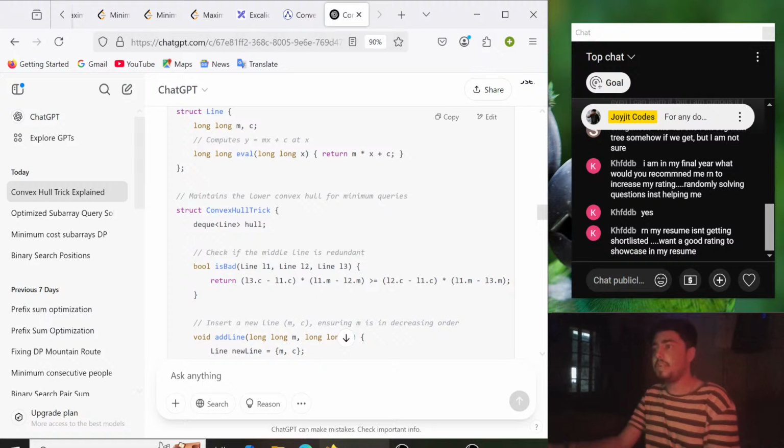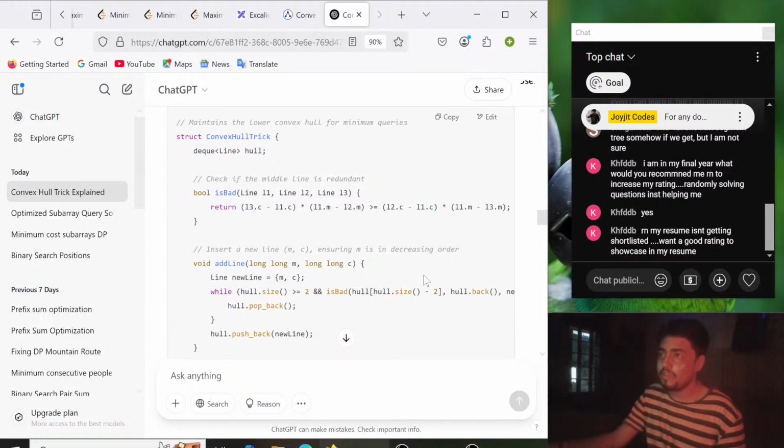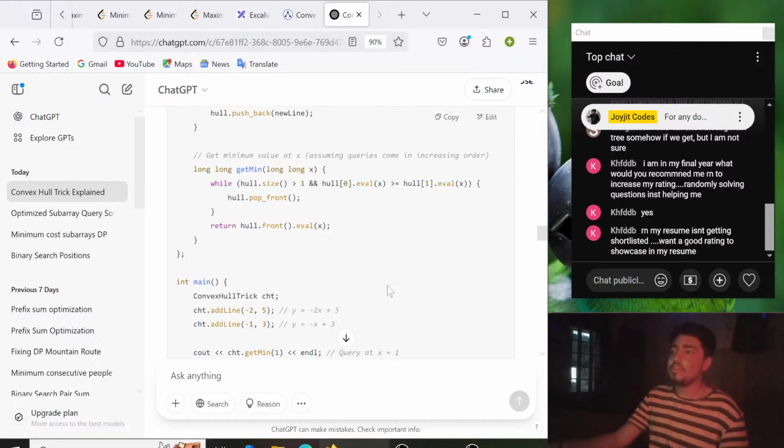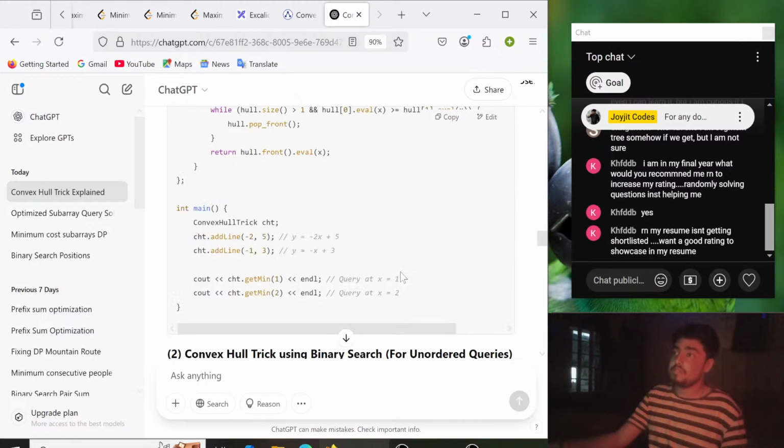So I have to find out if the middle line is redundant, if it is not of any use, then I can remove it. Now I get it. If the middle line is of no use, you just remove it from the deque, so that you can get the minimum.